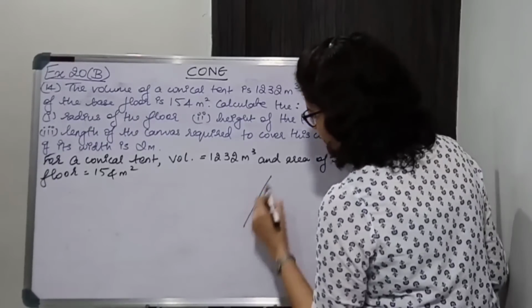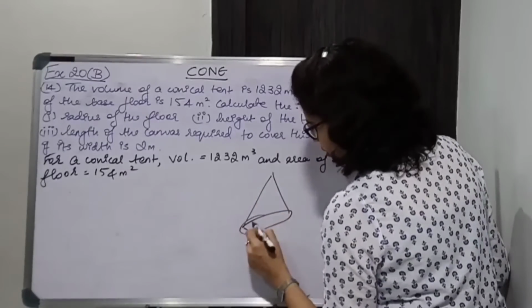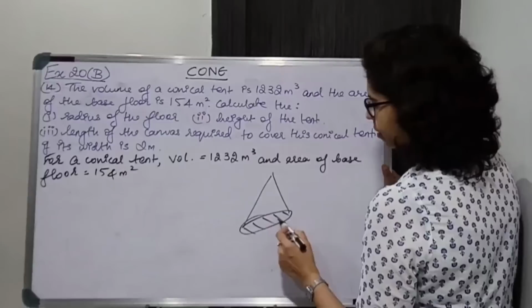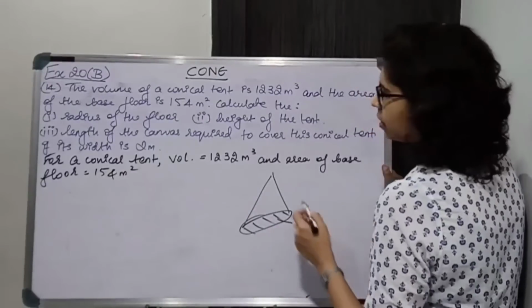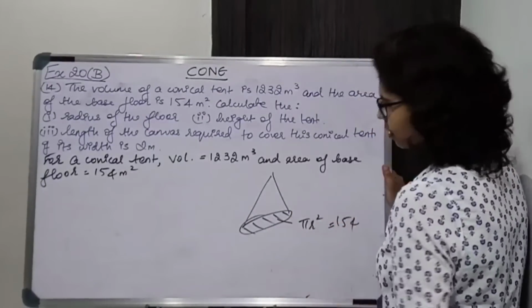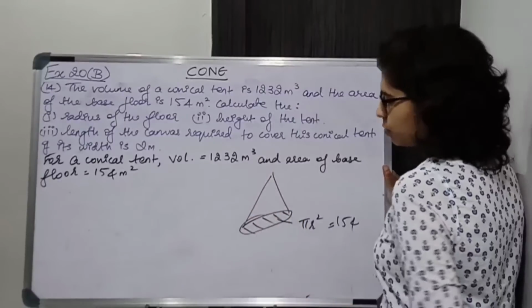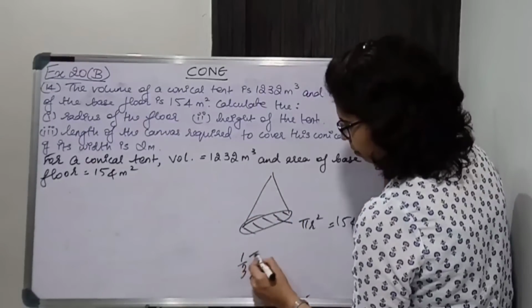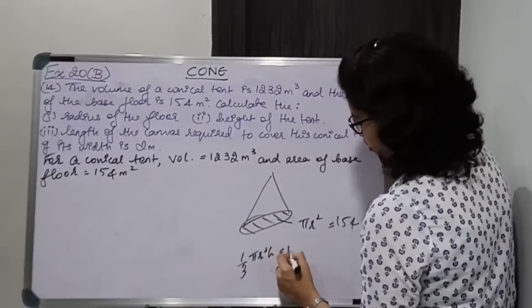Now the area of the base floor is given. That is pi r square, that is 154, and the volume is given, that is 1/3 pi r square h, which is 1232.